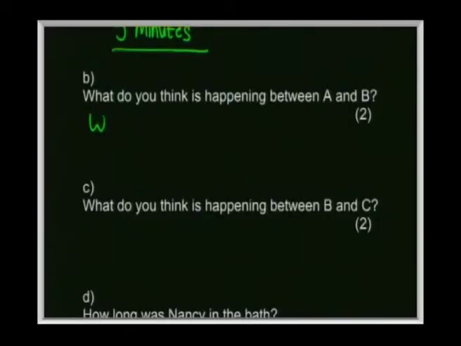Maybe she is getting ready to get in the bath, because you can't get into the bath fully clothed. Maybe somebody phoned her and she needed to take a phone call before she got into the bath. So you could say here, she's waiting, or she's getting ready, she's on the phone, anything.